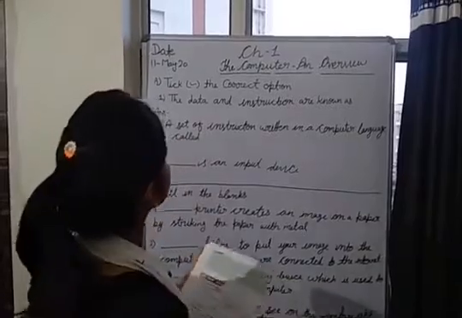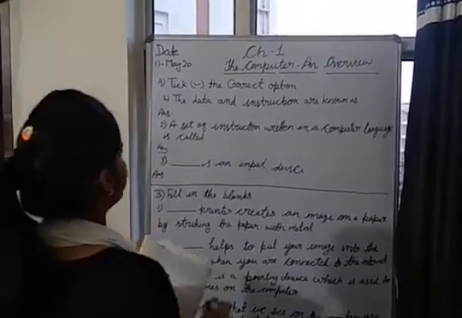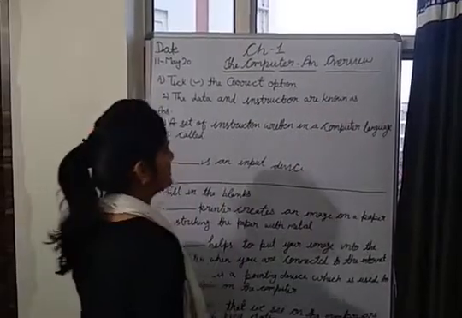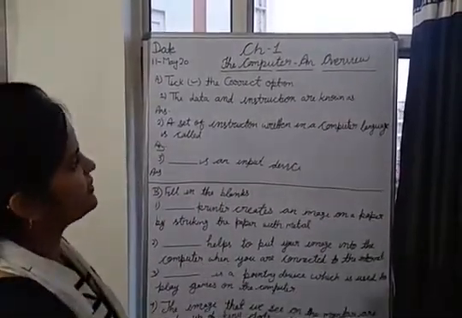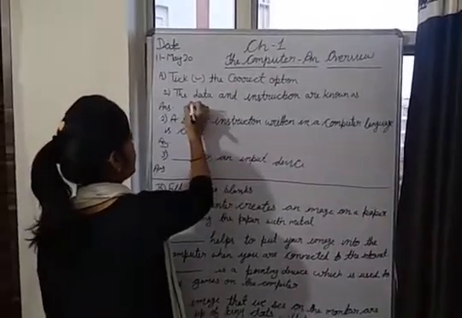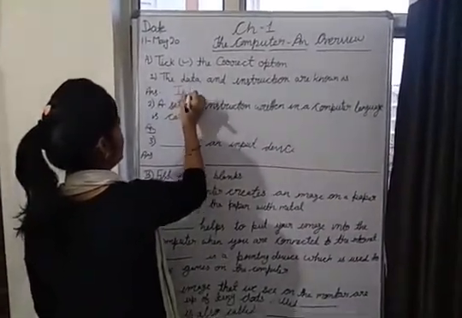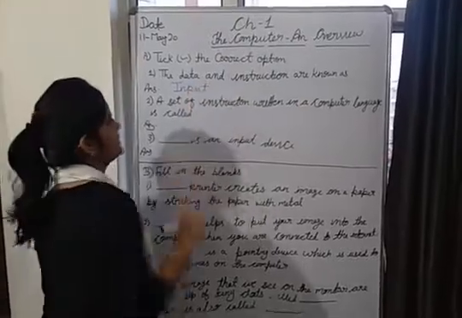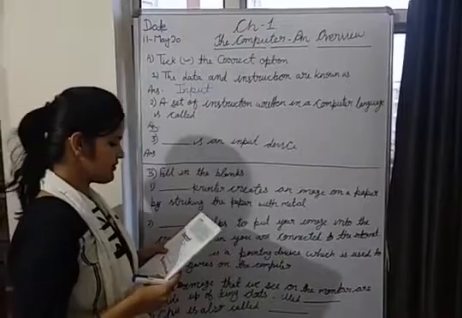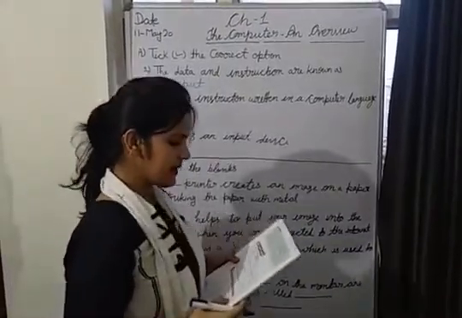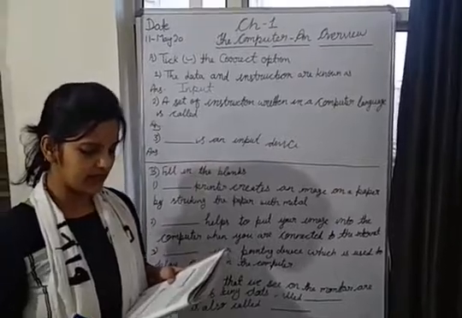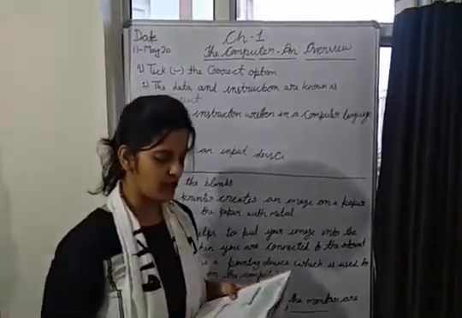First one is tick the correct option. See, the data and the instructions, when you give them to the computer, to the CPU, are known as input, right? Take the correct input. Second one, a set of instructions written in a computer language is called, first one data, second program, and third one information.